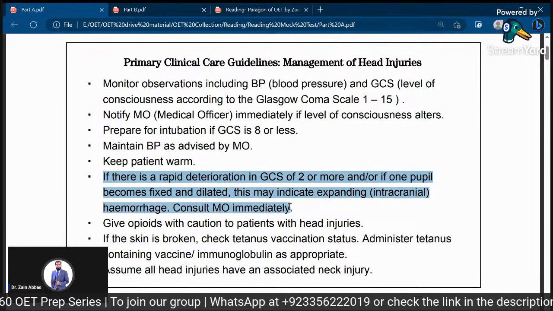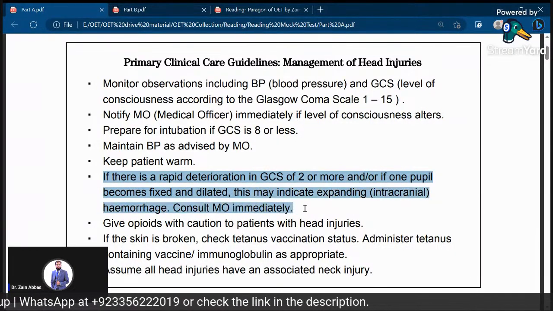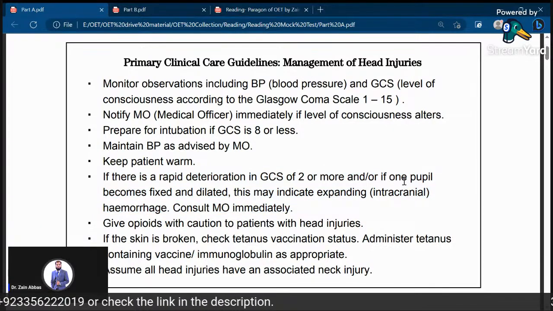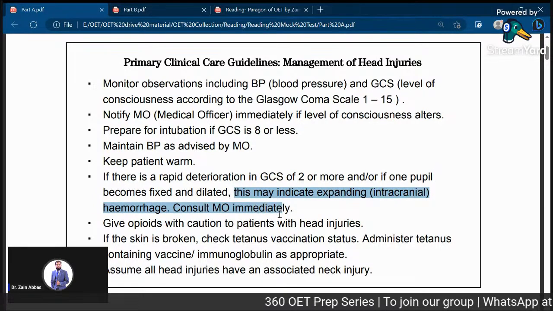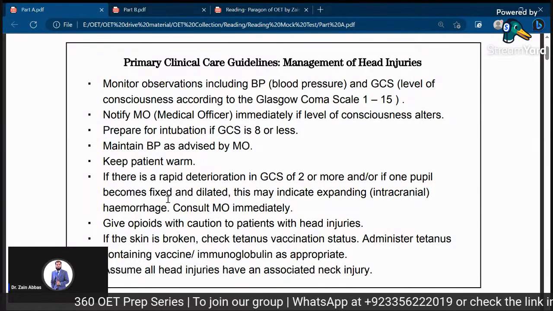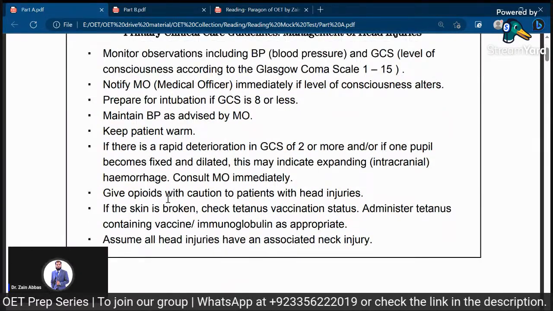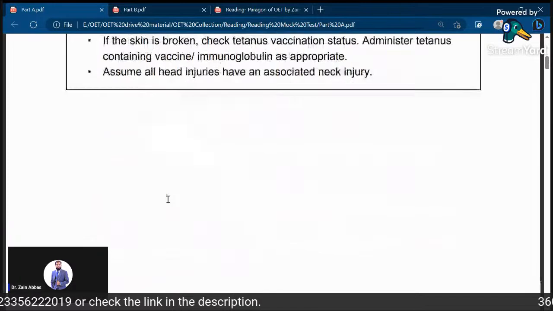Now this is the area which has been questioned. If one pupil becomes dilated or fixed, this may indicate expanding hemorrhage. Consult MO immediately. So this is about the cause of the eye injury, and obviously it is the initial text that will refer to this type of question, not the next one.